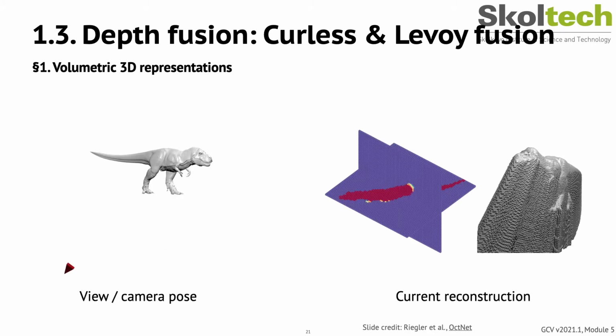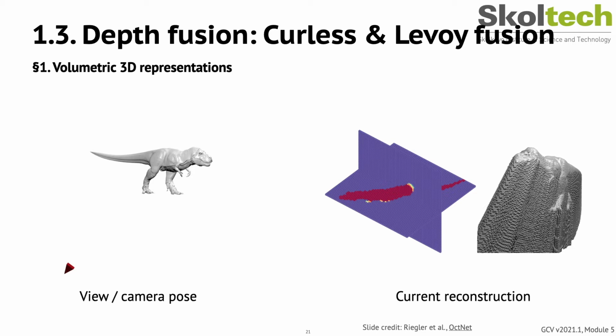Let us just see an example of the vanilla Curless and Levoy volumetric depth fusion. We're starting with a single camera pose, and on the right you can see the actual current reconstruction from a single depth view that the camera pose is giving you, and also the cross section of the dinosaur here.